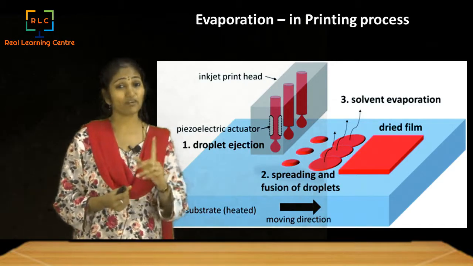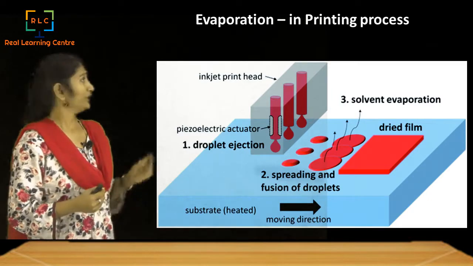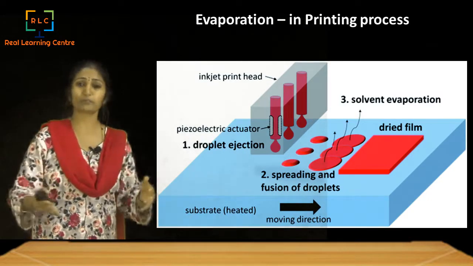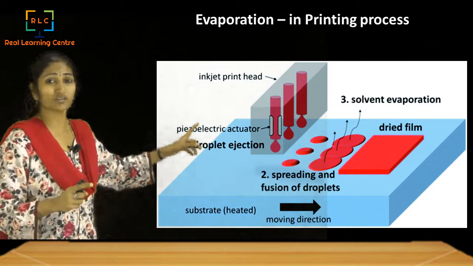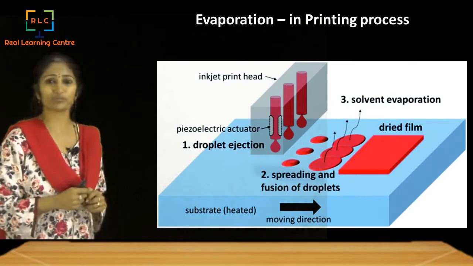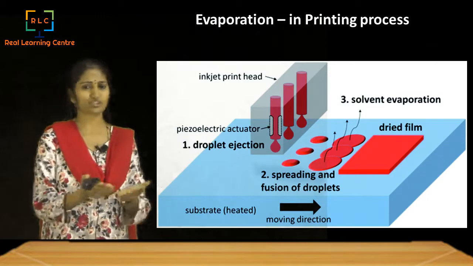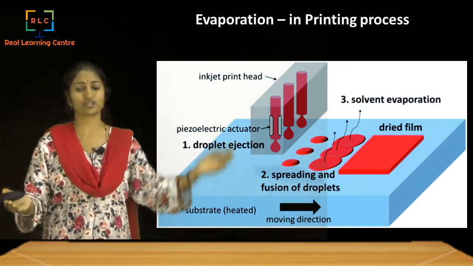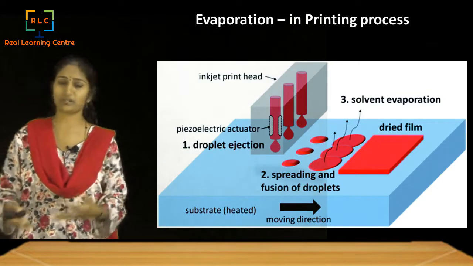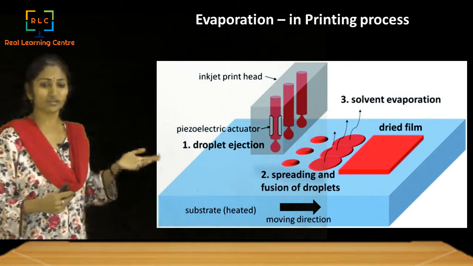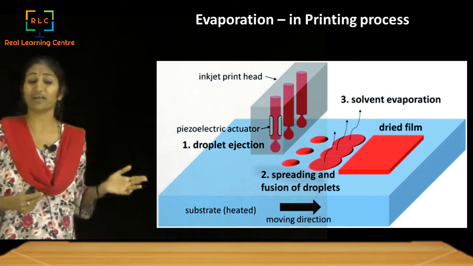Another process where evaporation is used is in the printing process. Whenever you have a printed paper in front of you, you can always say that it is because of a process of evaporation. What you do here is you take the substrate. The substrate is any substance onto which you want your printed things to appear. It can be a paper, it can be a fabric. So you take this substrate, and onto it you inject the dye.